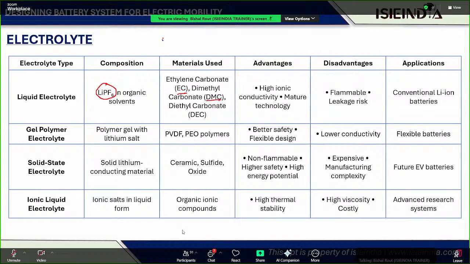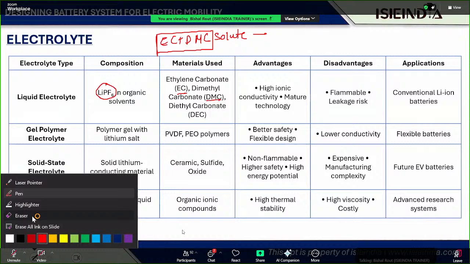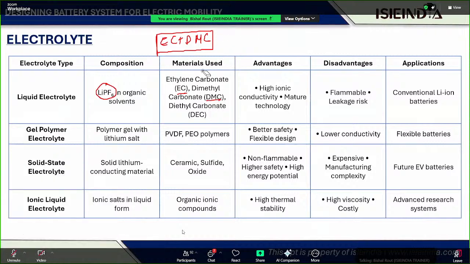EC plus DMC is actually utilized as a solvent. I'm extremely sorry, it is utilized as a solvent, right? And inside this solvent, we are adding LiPF6 salt, basically, in a 1:1 ratio, right? So then only are we able to make it.